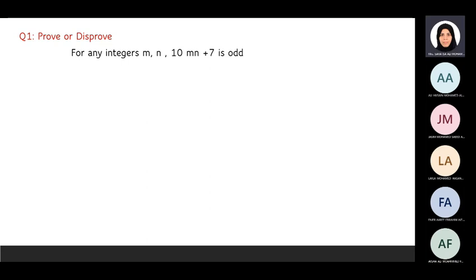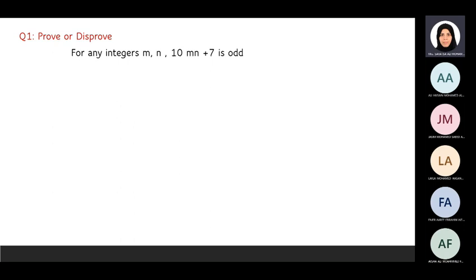For any integers m and n, the term 10mn plus 7 is odd. Try selecting any two random integer values and substitute. You will always get an odd term. So it looks like this is a true statement, so I have to prove it.